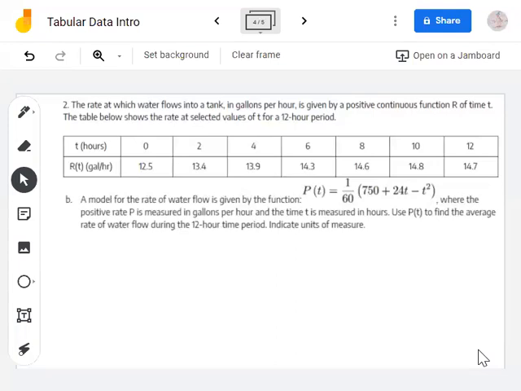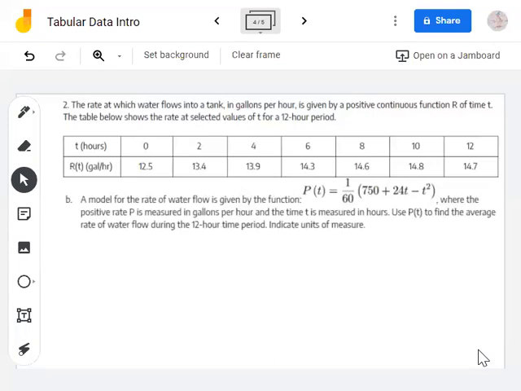So let's think about what we have and what we want. That's something that's gonna be helpful here because there's a lot of words, and as I read it, I'm getting twisted up with the words. So we know R of T was a rate. But what about P of T? Is P of T a rate, an amount, or a change in a rate?